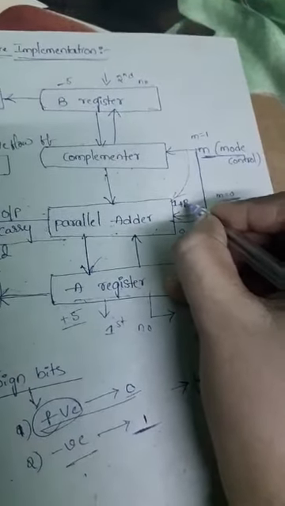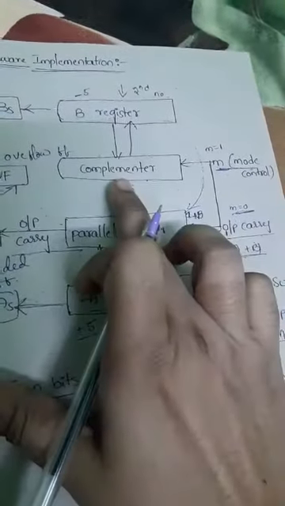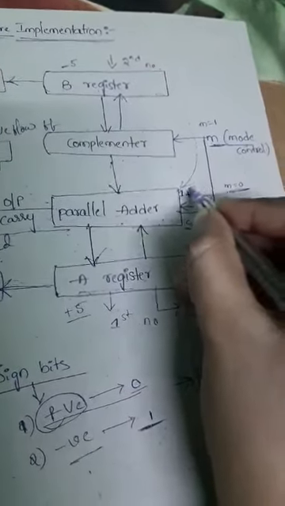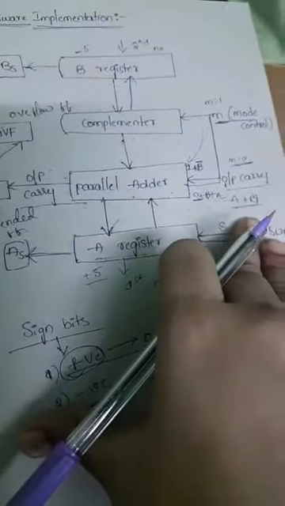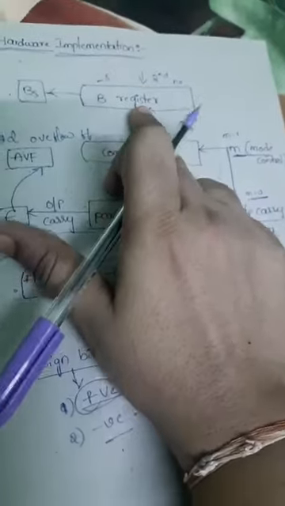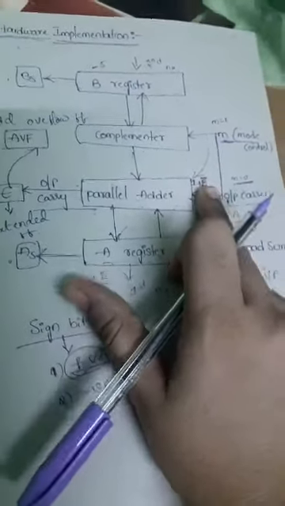Here we are doing the subtraction operation, so the complementer will transfer the complement of the B register to the parallel adder. That's why we are getting the B complement.